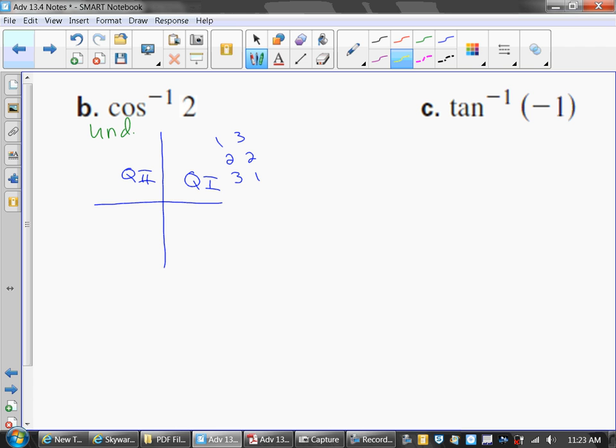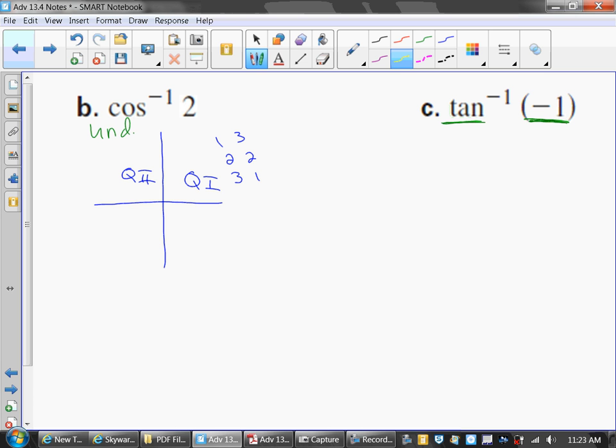Tangent of -1. Well, remember, whenever we have a tangent that's equal to a 1 or a -1, that means the ordered pairs are the same. Remember that? The only set of ordered pairs that we have that are the same are root 2 over 2's.